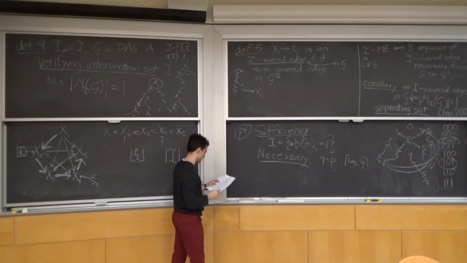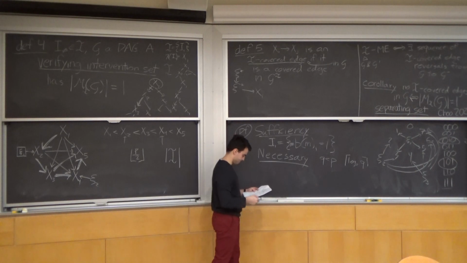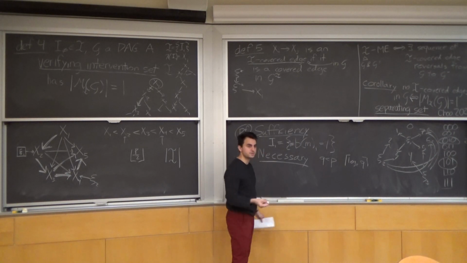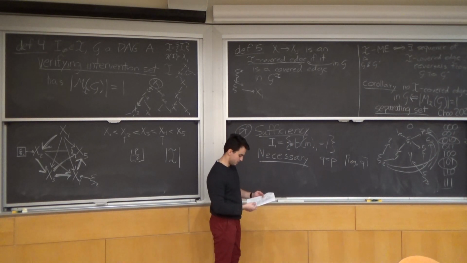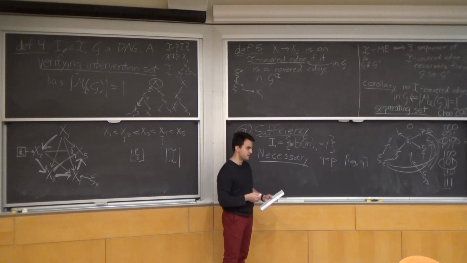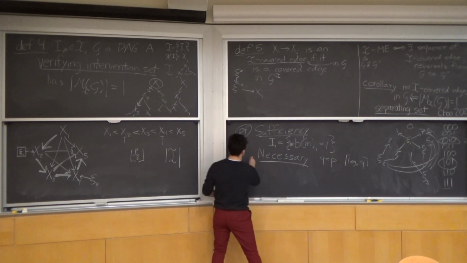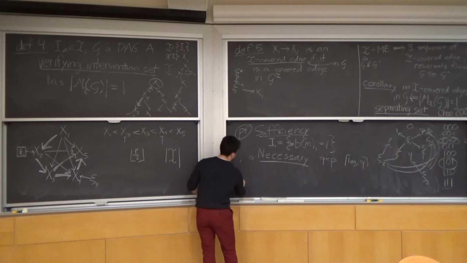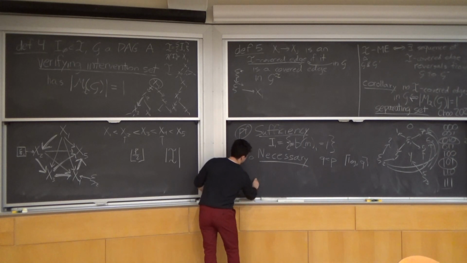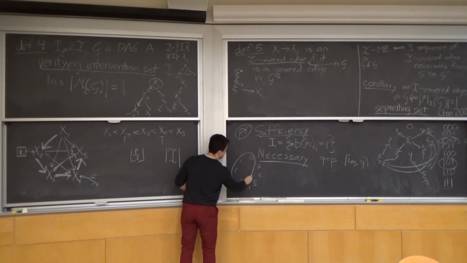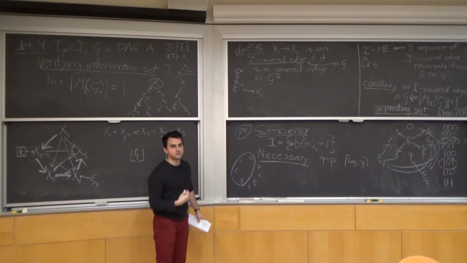So if I pick an intervention on k nodes, then the worst case is that the k nodes that I picked to intervene on are all upstream, or I think it works with either upstream or downstream.